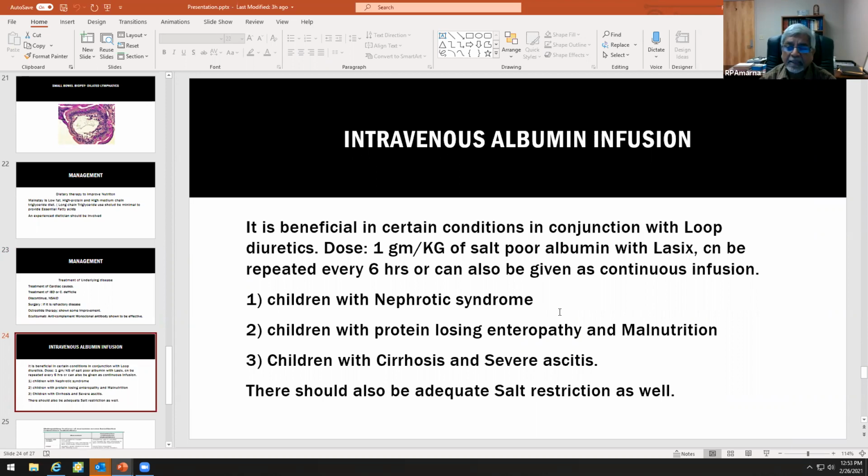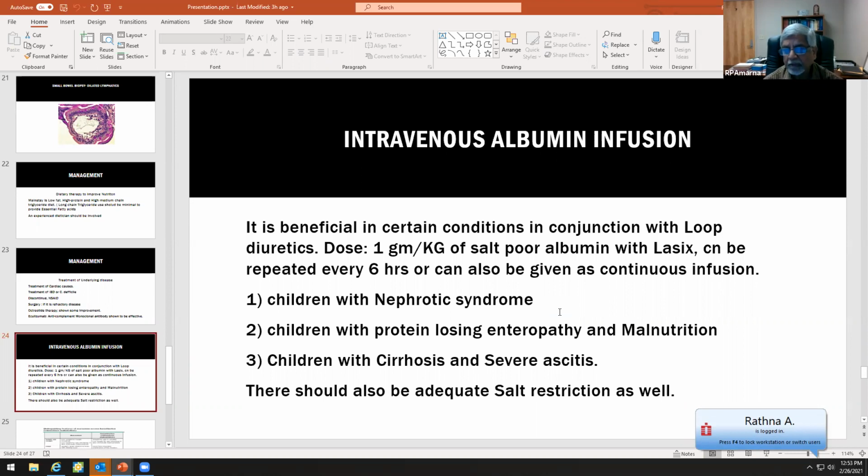If somebody has an underlying pathology where they are losing the protein and their intravascular volume is depleted, just putting the protein into the intravascular compartment alone will not relieve your edema.